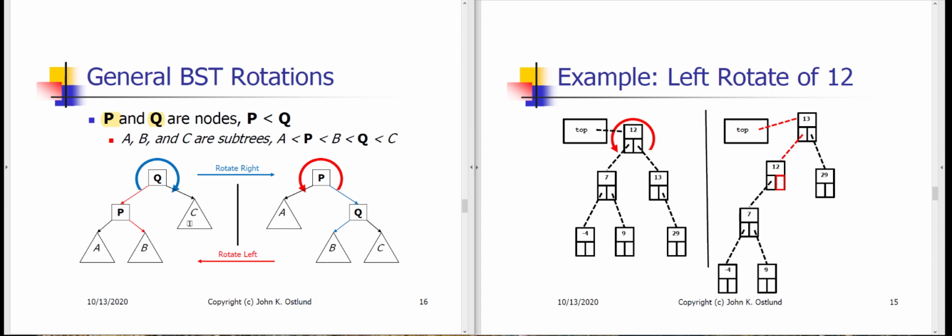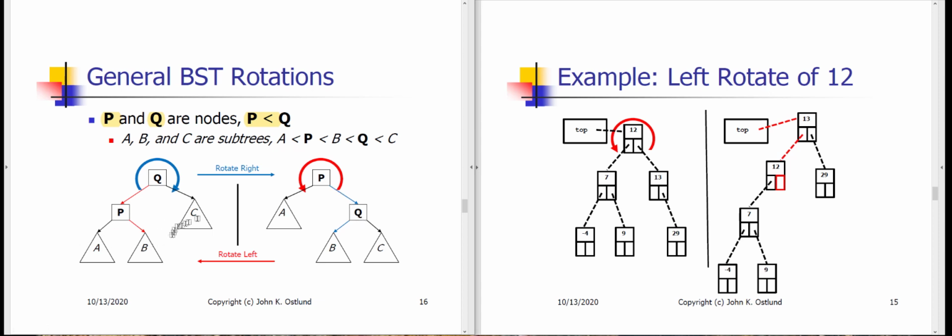They are entire subtrees hooked to the left or right of these nodes P and Q. We're going to assume that P is less than Q. Therefore, if P and Q are directly connected to each other, then either P is the left child of Q, because P is less than Q, or Q is the right child of P, again because P is less than Q. If P and Q are adjacent in the tree, then one of these two situations has to be the case.